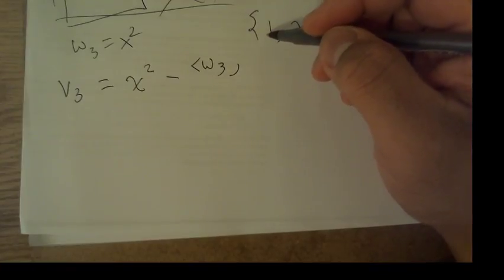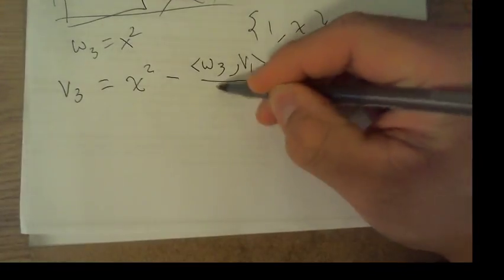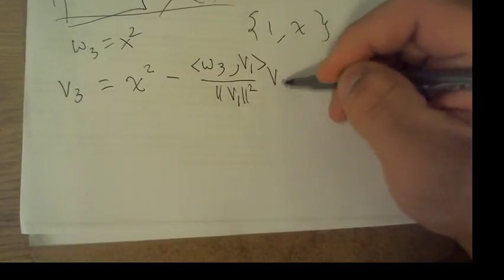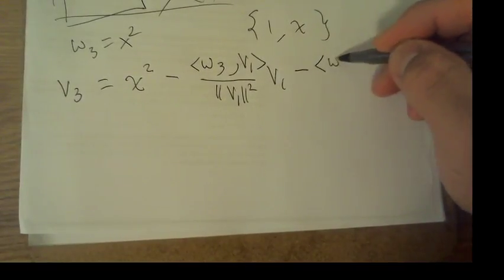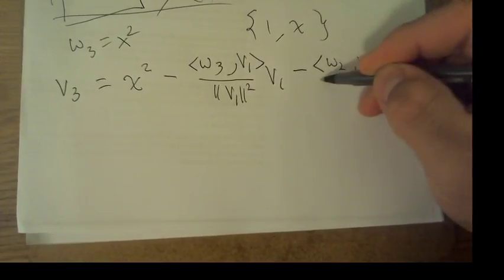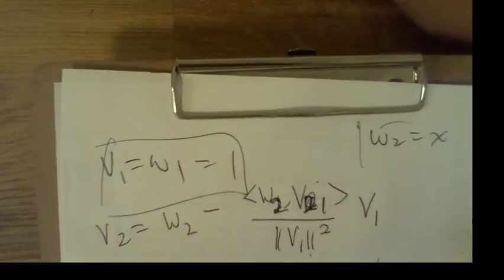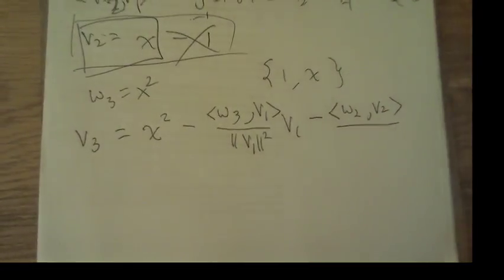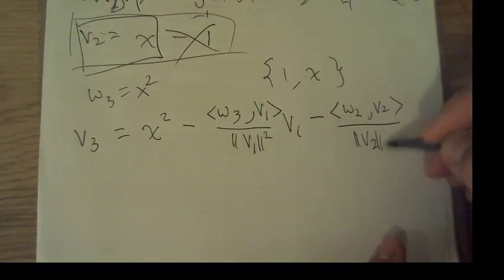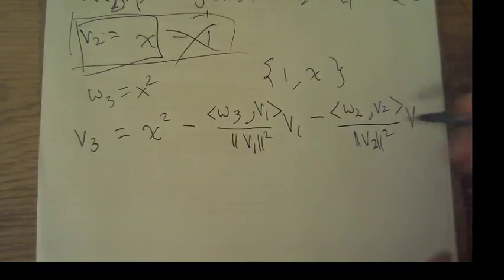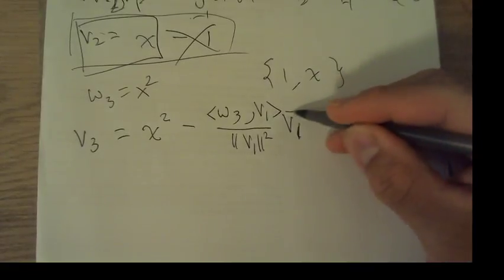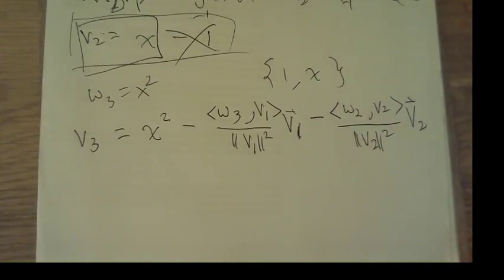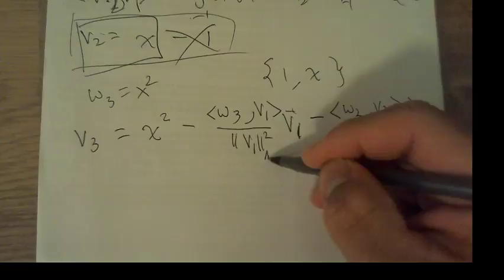W3, V1, the norm of V1 squared times V1, minus W3, V2, all over the norm of V2 squared and times V2. All right. So here, let's see. I know this already. That one is 2.